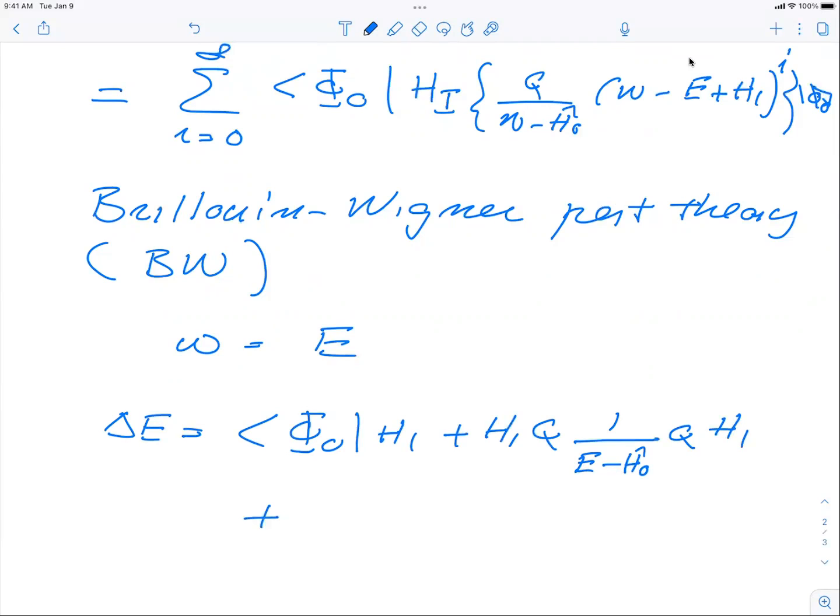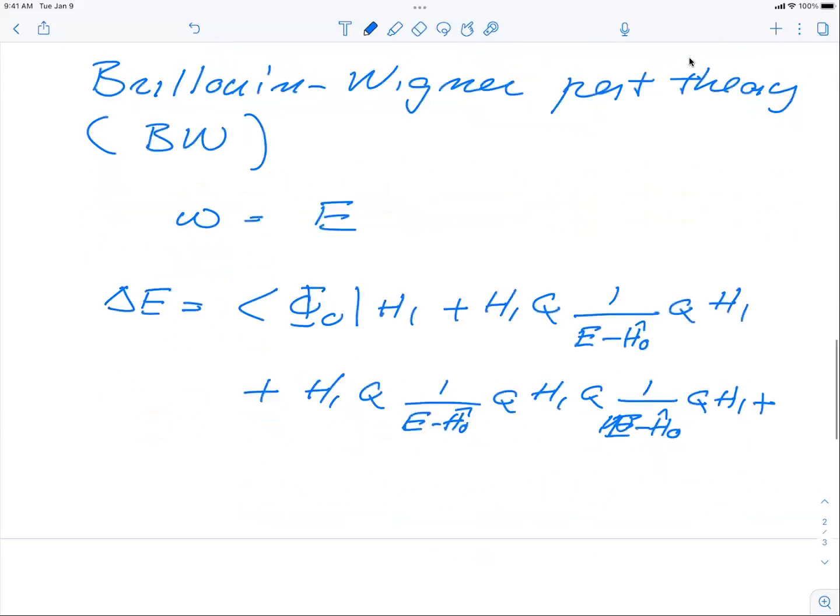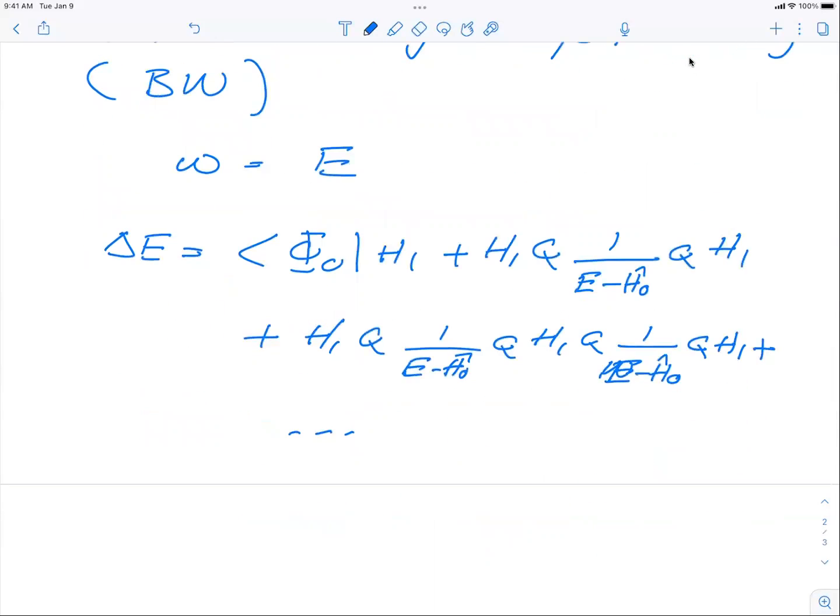And then we just continue, with higher and higher orders of E minus H0, Q of H1. We get a new Q here, and then we have 1 divided by E minus H0, Q of H1 plus plus. And this ends with a last term which is infinite. So this actually goes to infinite order.